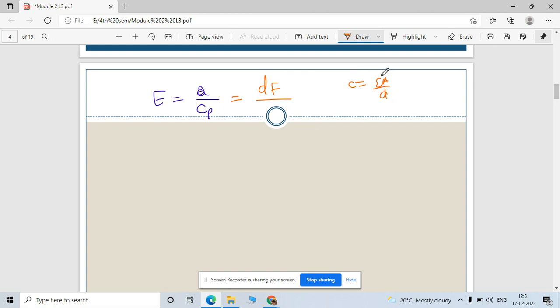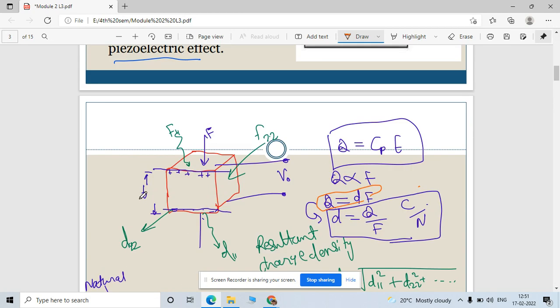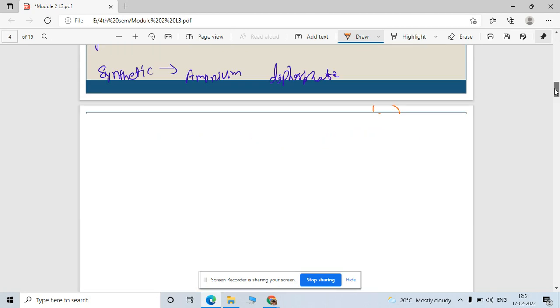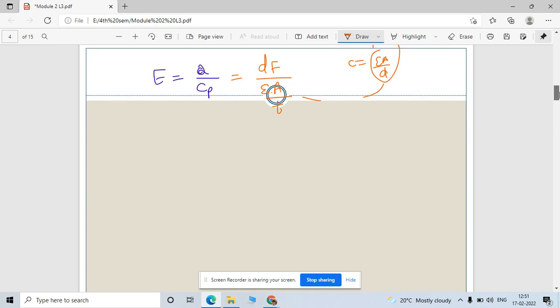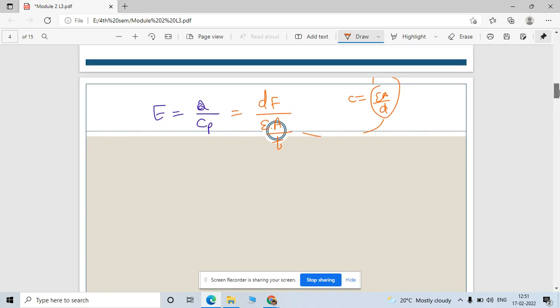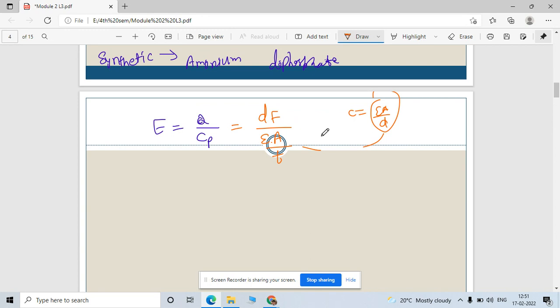So put that value here: epsilon A by D. What is the D factor here? D is nothing but your T. So epsilon A by T, where this is the permittivity and this is the thickness.